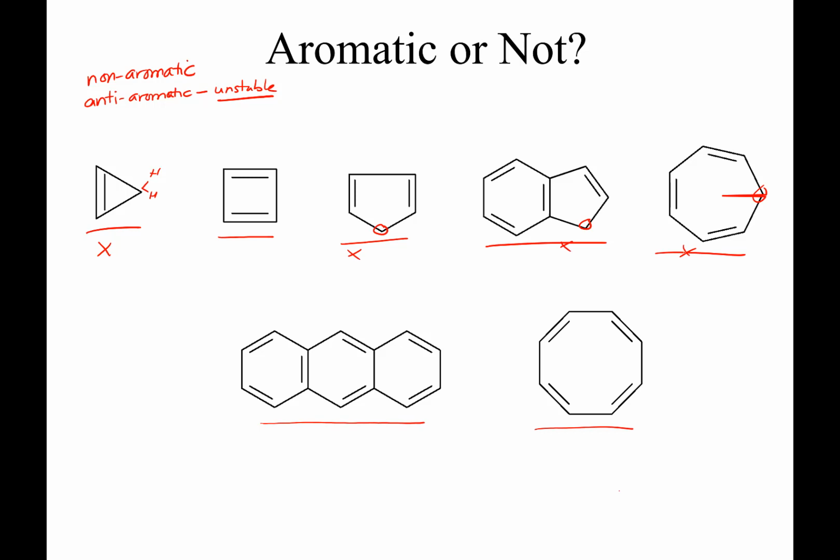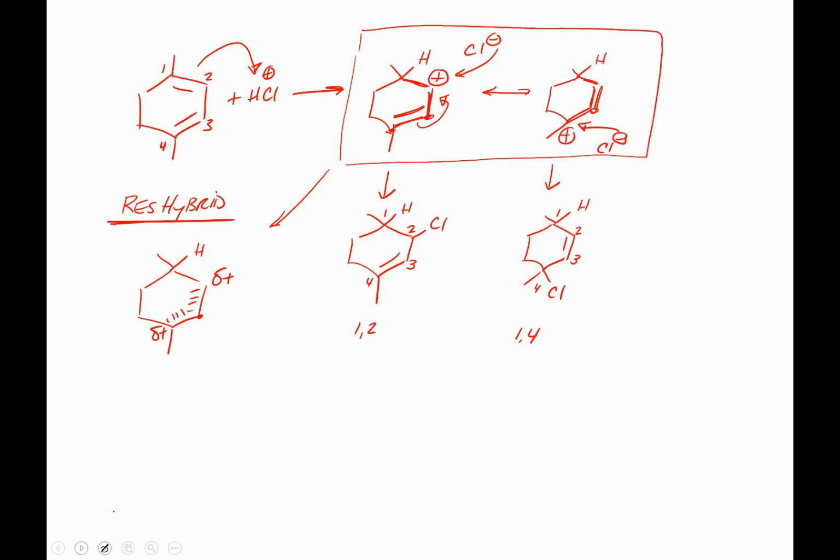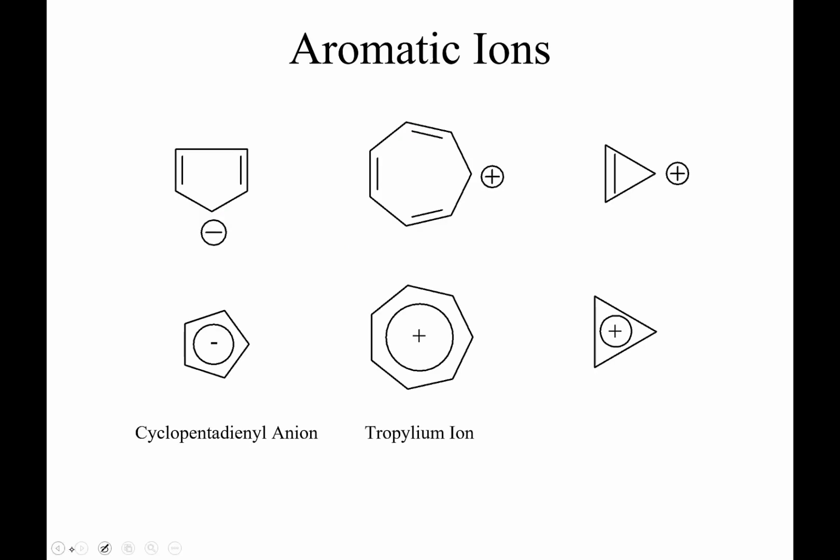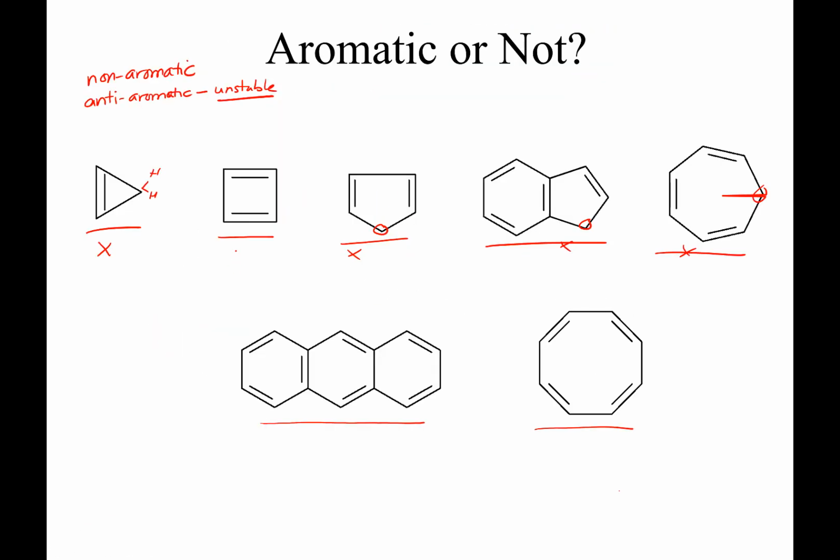Now we look at this one and we say, okay, it is. How many pi electrons does that cyclobutadiene have? Each pi bond has how many pi electrons?